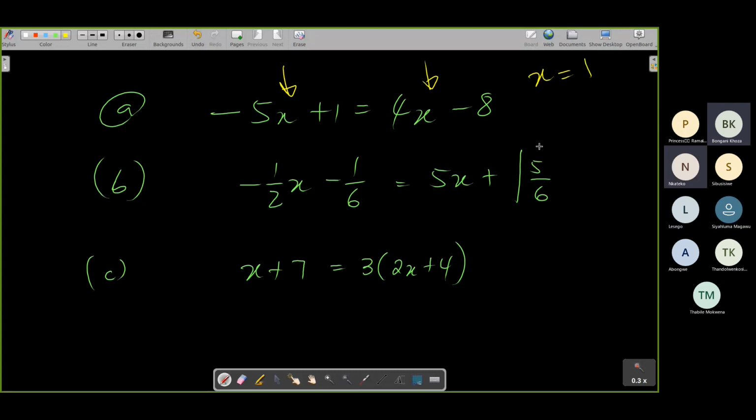So here we have x equals 1. Does anyone else have a different answer? No, sir. All right. And then for B, what answers did we get? Negative 737 over 12. Okay. What else did we get?